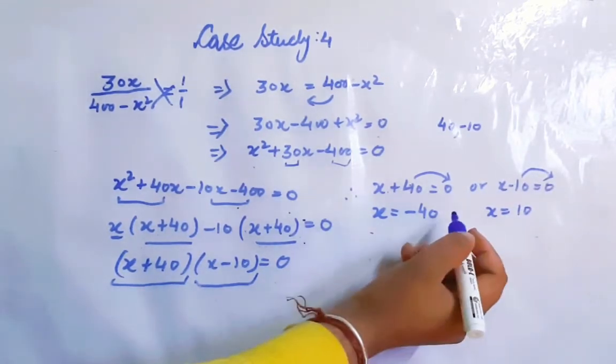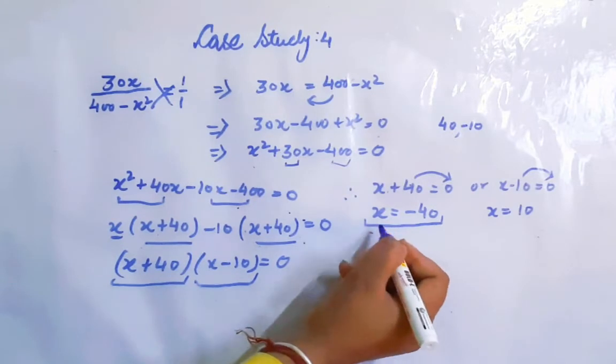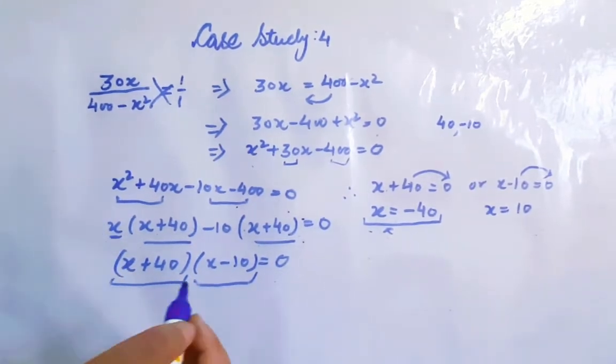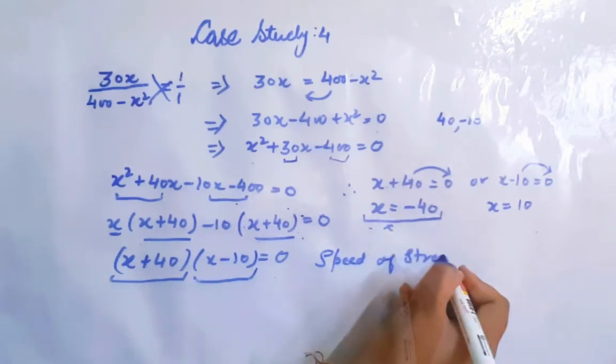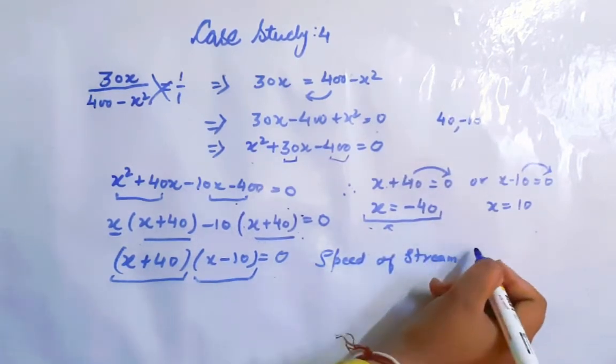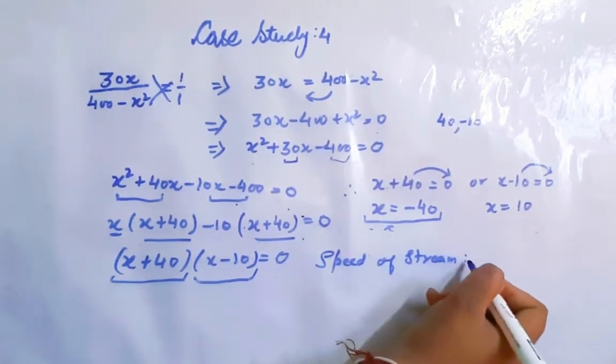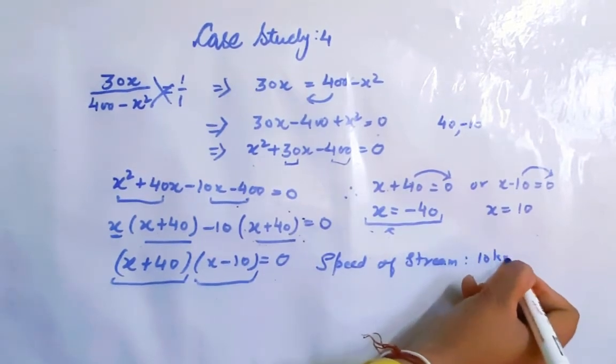So the speed of the stream cannot be negative. Therefore, the speed of the stream, or you can call it the current, is 10 km per hour.